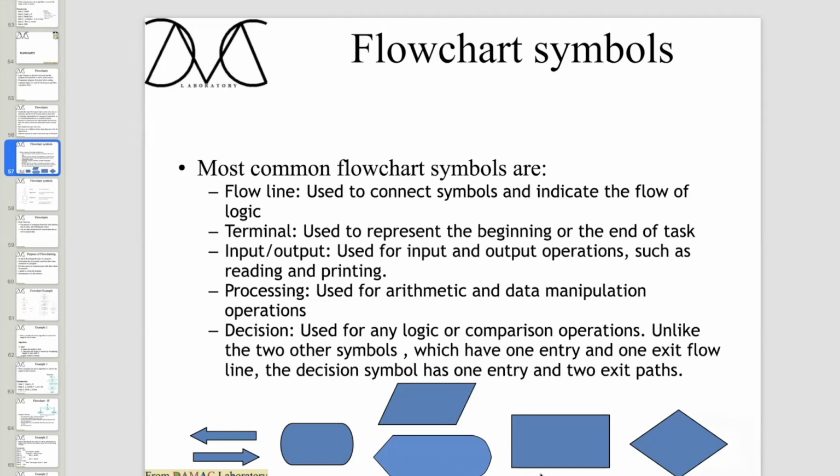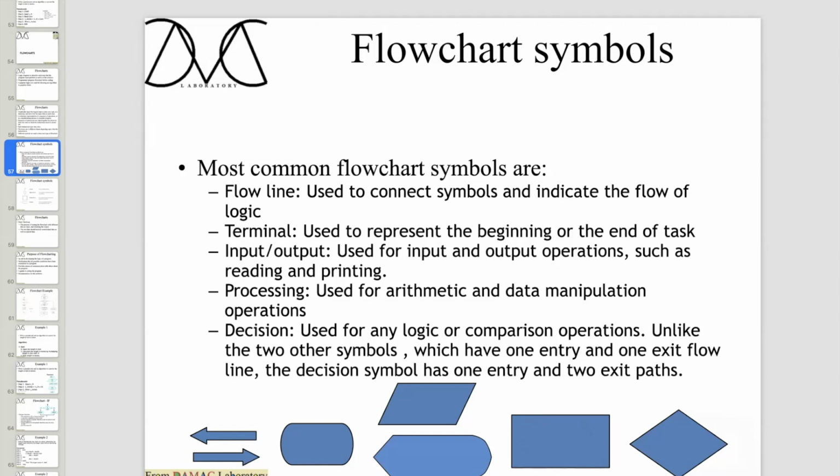Then it comes to the process symbol, that is the rectangle. In this rectangle we use all types of operations, for example arithmetic operations and data manipulation operations. For any type of operation we use this rectangle symbol. This is called the process box.